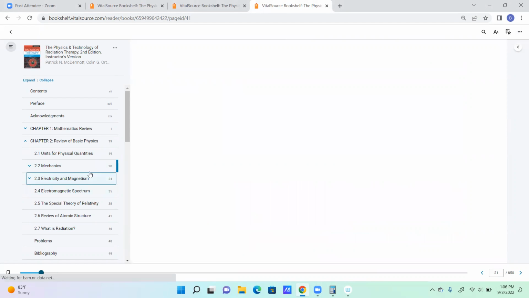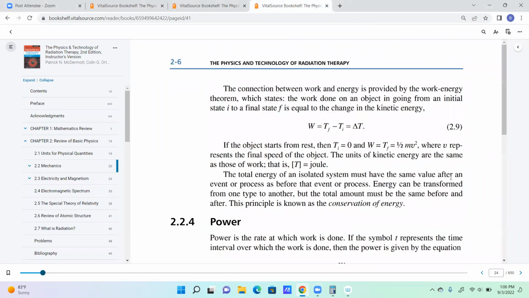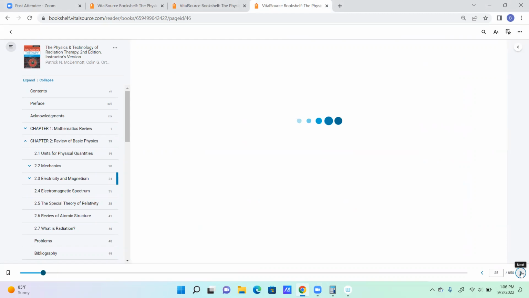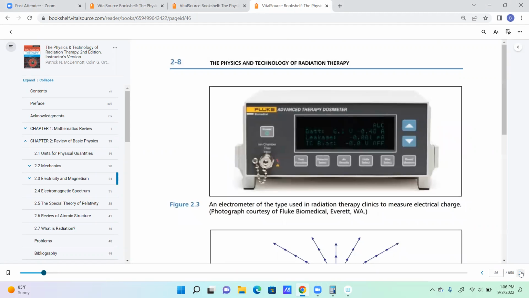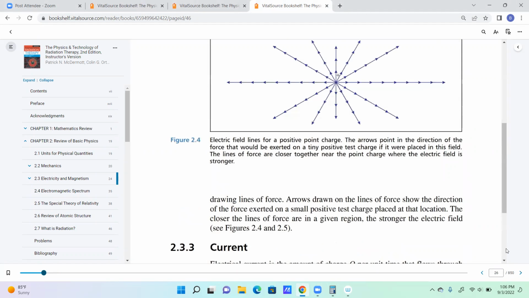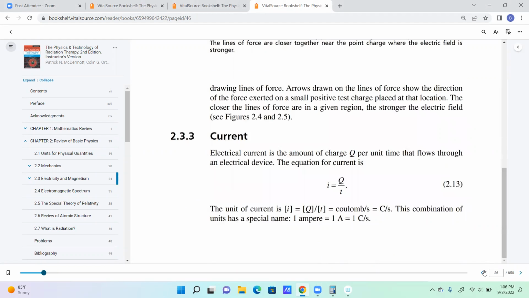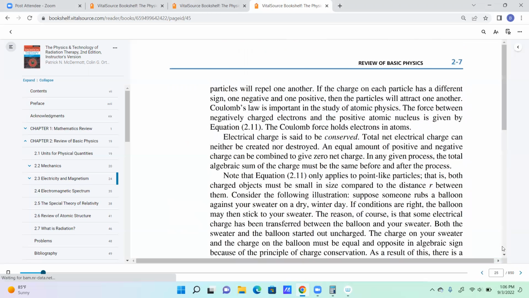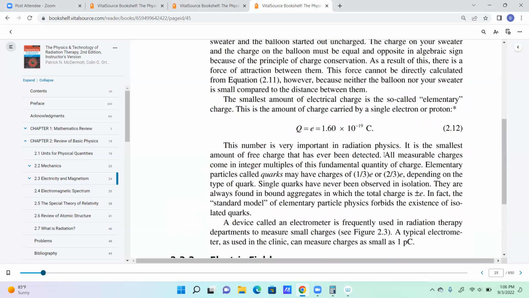It should be in the electricity and magnetism section. Okay, this will be a very important number going forward.